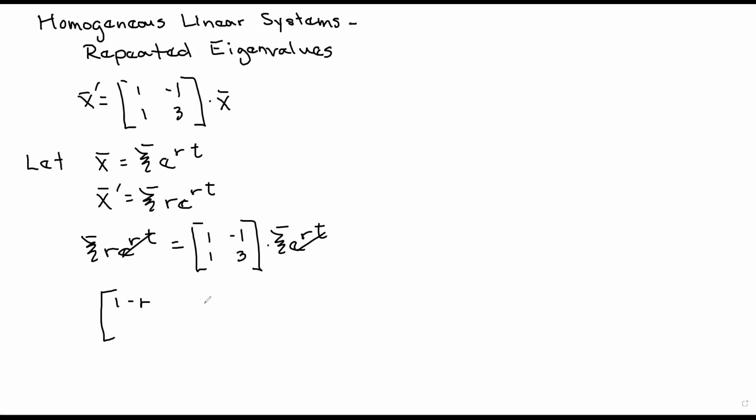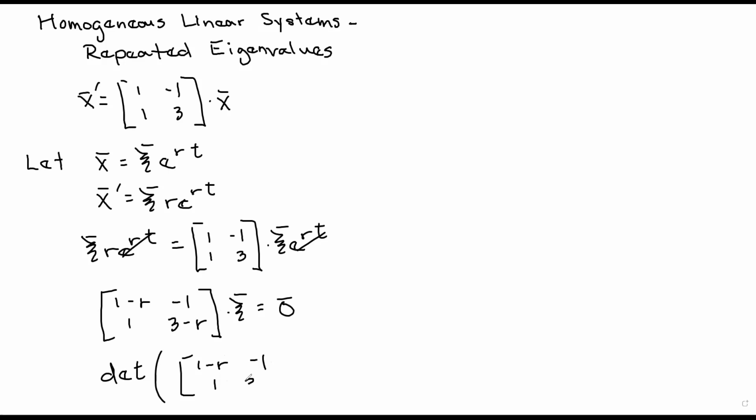If you haven't seen that before and you're a little bit lost, go back and watch the previous videos where we go through in more depth how to get from here to here. Now we take the determinant of our 2x2 matrix and set it equal to 0.